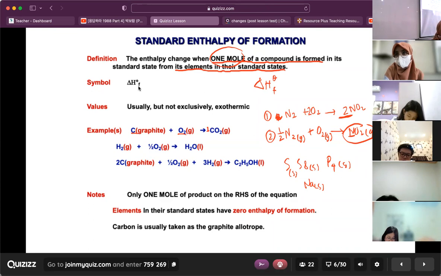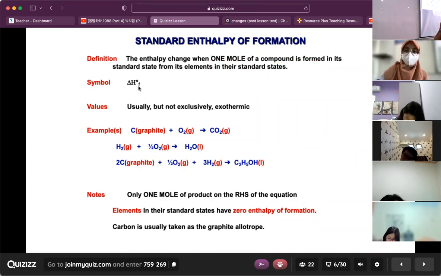Mercury is liquid. Even though mercury is a metal, it is liquid in its standard state. Any question? No? Okay, I'll erase. Don't worry, I record this lesson so that if you miss something, you can go back to the recordings later.